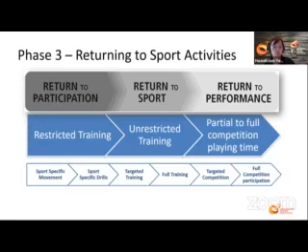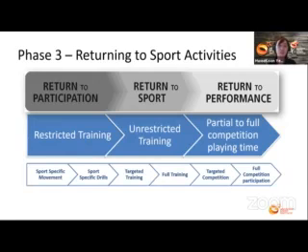The aim is to finish a full game. The aim is not to win for this targeted competition, right? And eventually, when we monitor and progress it, when these athletes achieve your targeted competition goal, that's where the full competition participation can be considered.